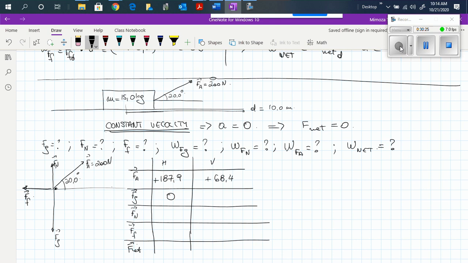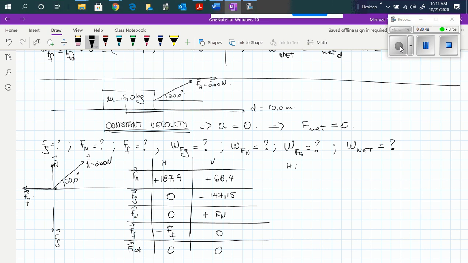Horizontal of Fg is 0, vertical is negative 147.15. Force normal is 0 horizontally and positive Fn vertically, negative force of friction horizontally, 0 vertically, and since the object is moving with constant velocity, acceleration is 0, force net is 0.